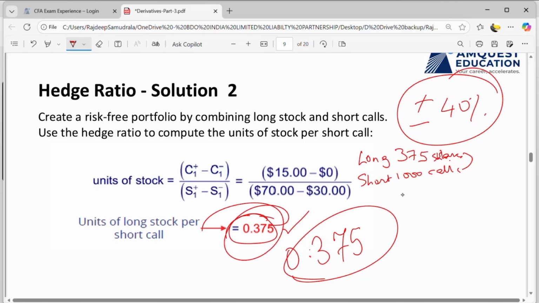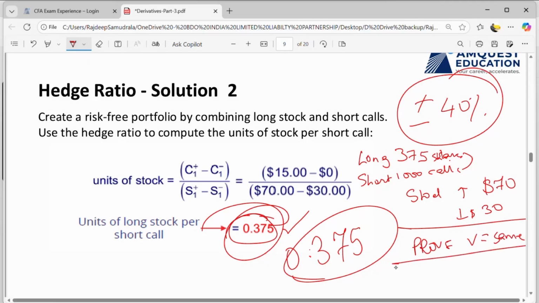Now my question is, when the stock became $70 or the stock became $30, I want you to prove that the value is the same in both scenarios.